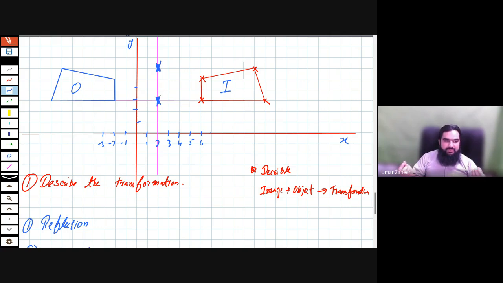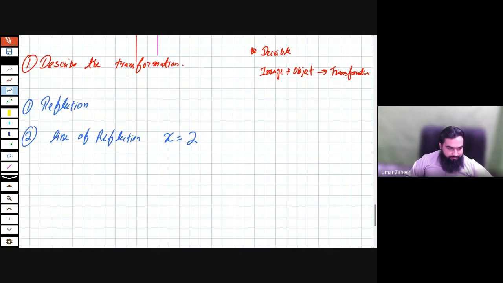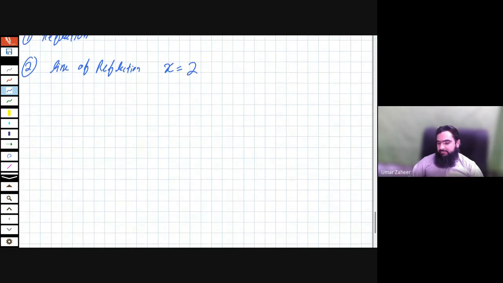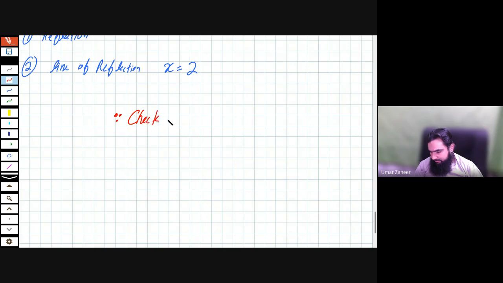So you have to meet the corresponding points. If the lines are parallel, it means it is reflection. If the lines are not parallel, it means it is rotation. So here we have some important points. You have to check whether it is reflection or rotation.